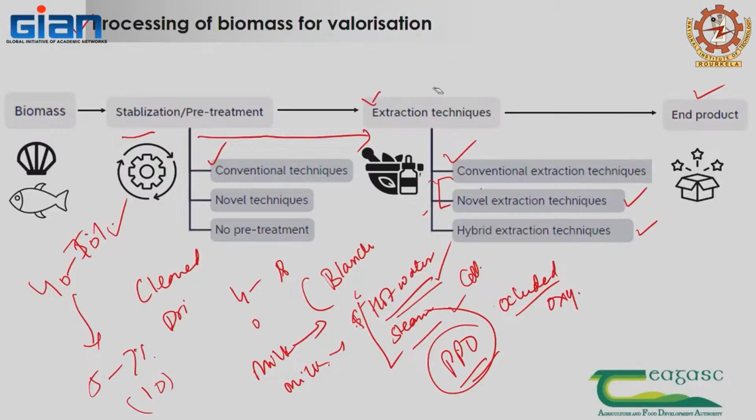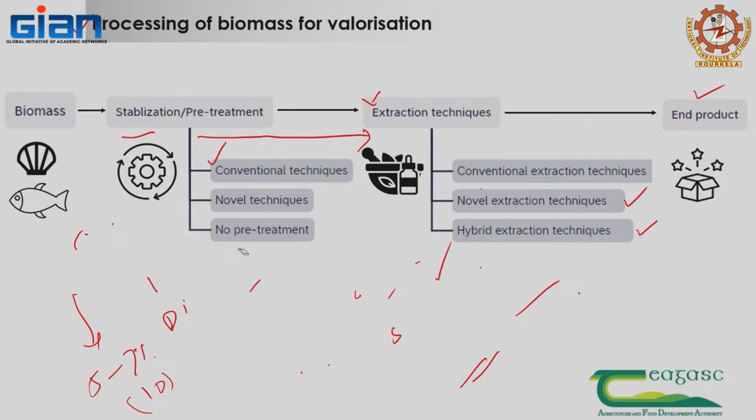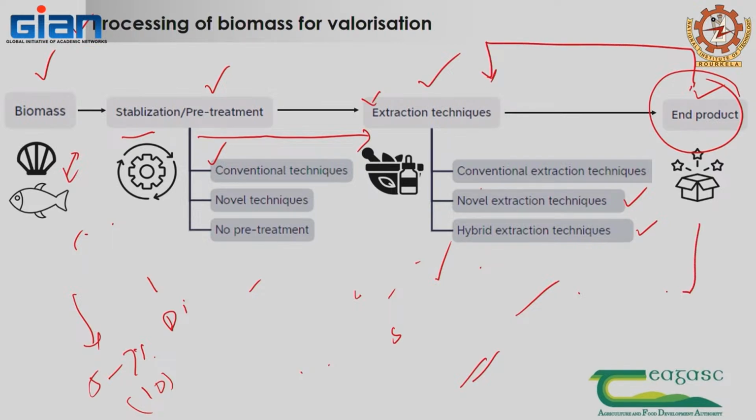This is really important to see how we can process the biomass, and there are a number of conventional techniques. In establishing a biorefinery, you need to know about the biomass, how to stabilize it so that you can store it for longer, develop the extraction processes, optimize each and every condition, and then check the quality of the product. If it is not as per your specification, then you alter your extraction technique or condition, or you alter your pre-treatment strategy.